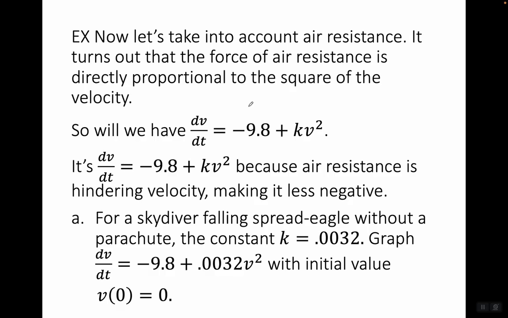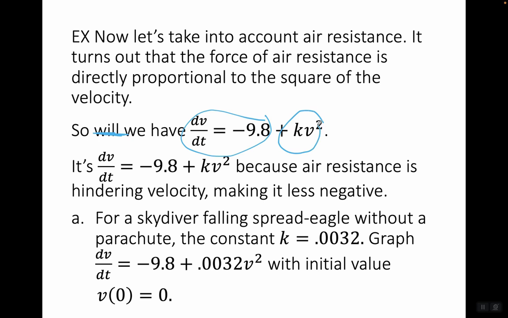This is cooler, though. Now let's take into account air resistance. It turns out that the force of air resistance is directly proportional to the square of the velocity. So we're going to have dv/dt equals negative 9.8 plus kv squared. This is what we had originally, but now we need to take into account air resistance.